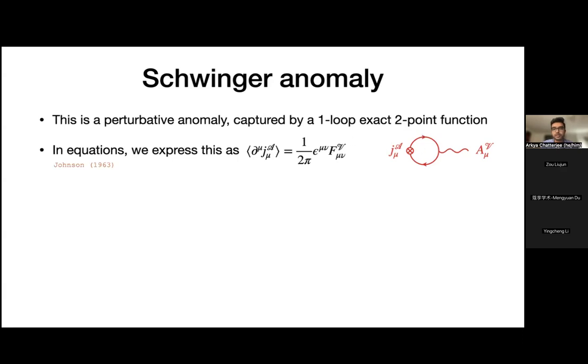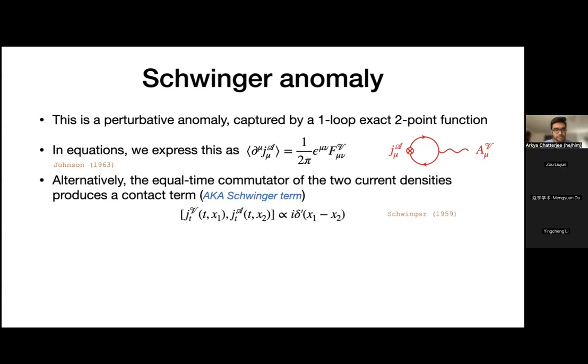In equations, this picture is represented as this. You're computing the divergence of this axial current, and you find that it's proportional to the field strength associated to this background field, which I've represented as F. This was most clearly stated in a paper that followed Schwinger's paper by 4 years later, by Johnson.